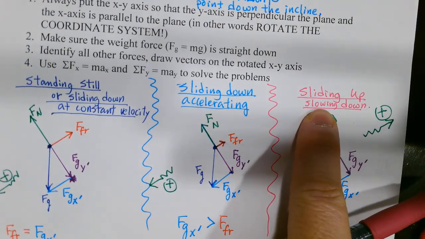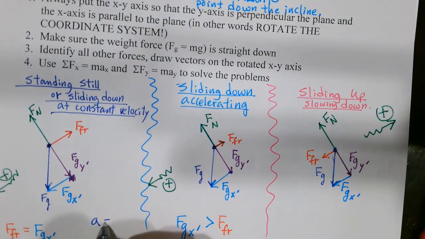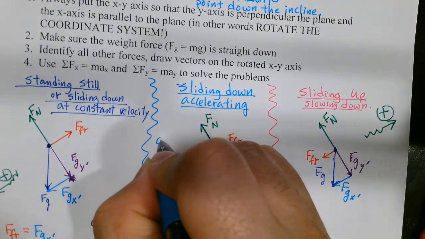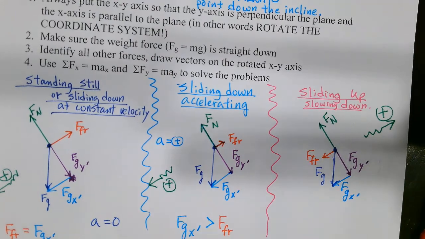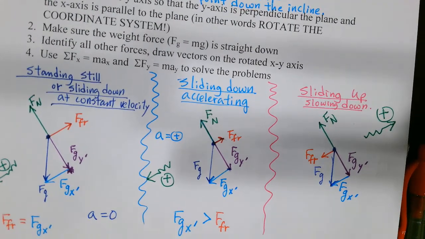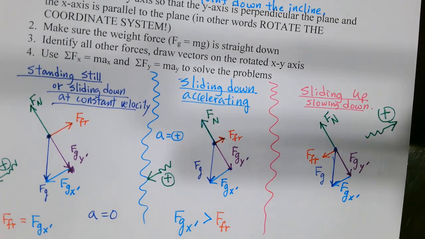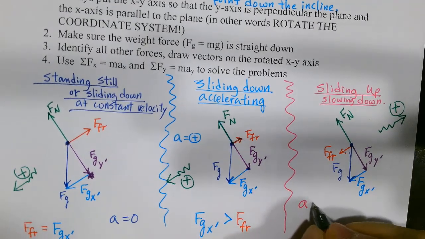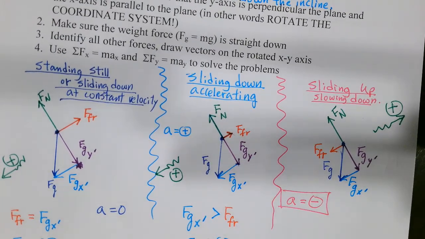Here, your acceleration is negative. Maybe we can write that down here too. The acceleration here is 0. Here, your acceleration is positive. Okay. And here, your acceleration is negative. Okay.